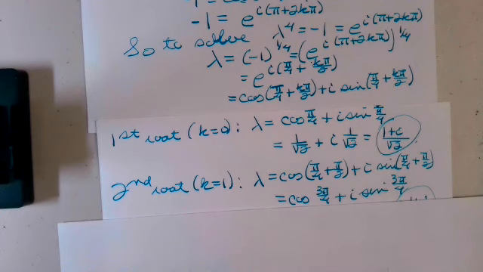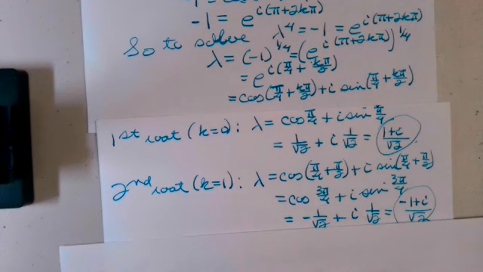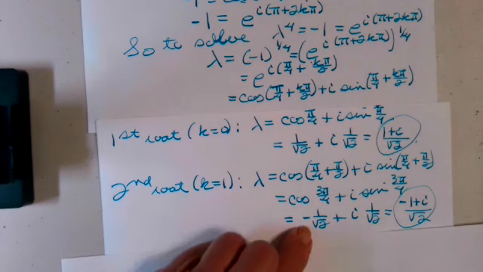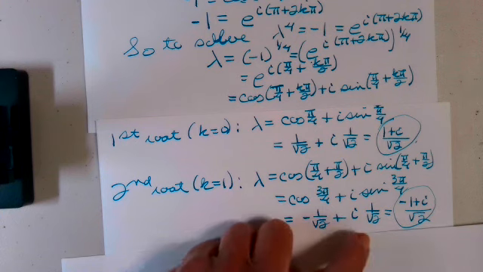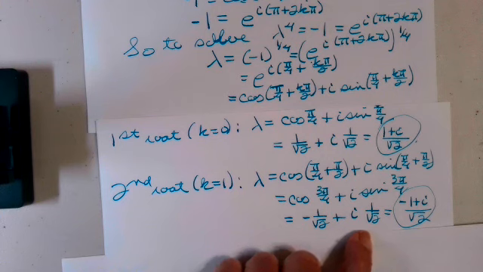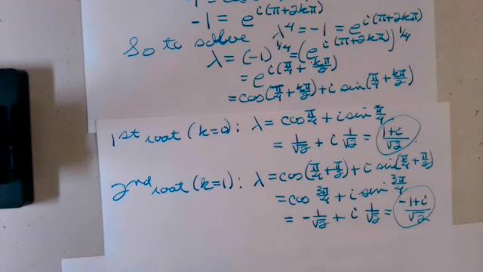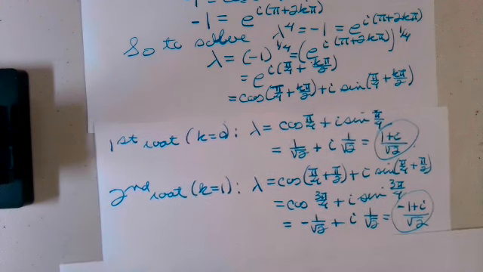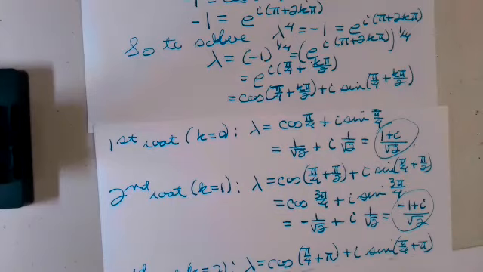What's the cosine of 3 pi over 4? Well, that's the 45-degree angle in the second quadrant. So cosine is negative, but sine is positive, and 45-degree angles are always plus or minus 1 over the square root of 2. So the cosine is negative 1 over the square root of 2, and the sine at 3 pi over 4 is positive. So you can leave it like this, you can write it like this, whatever makes you happy.